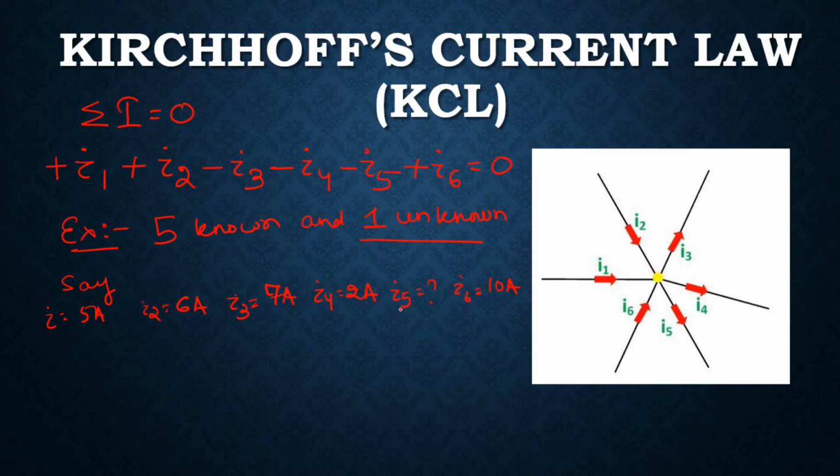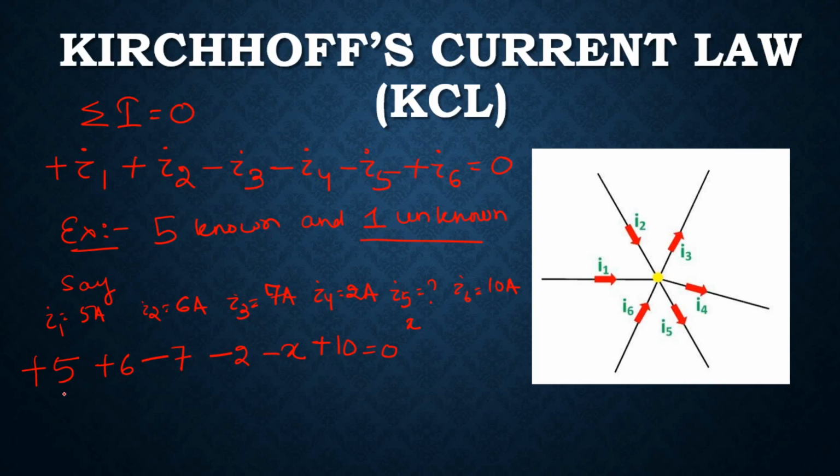So let's consider I5 as X and put it in the Kirchhoff's current law equation. It will be plus 5 plus 6 minus 7 minus 2 minus X plus 10 is equal to 0. I just put all these values in the above equation.